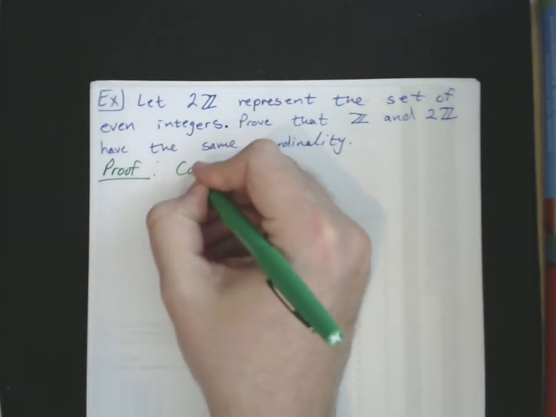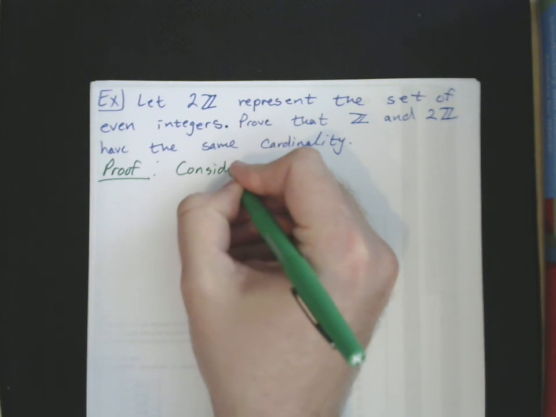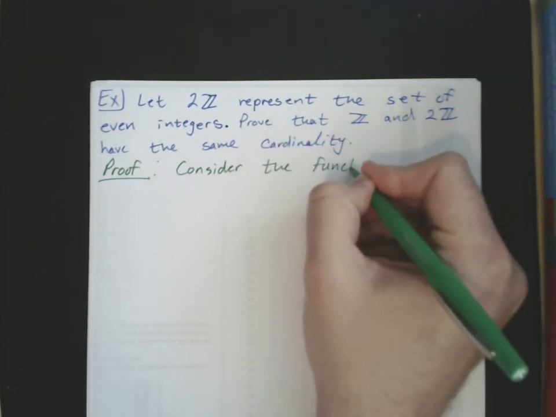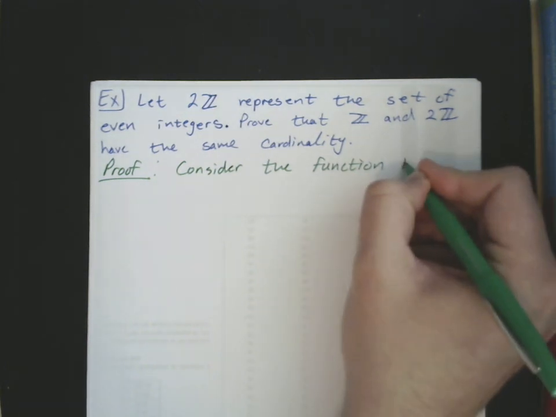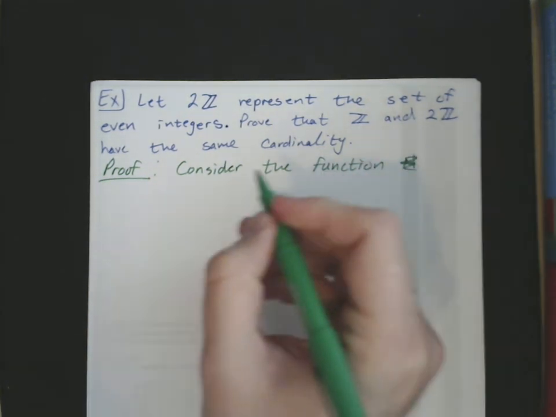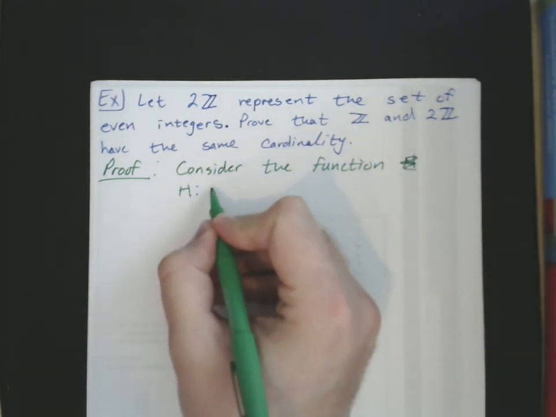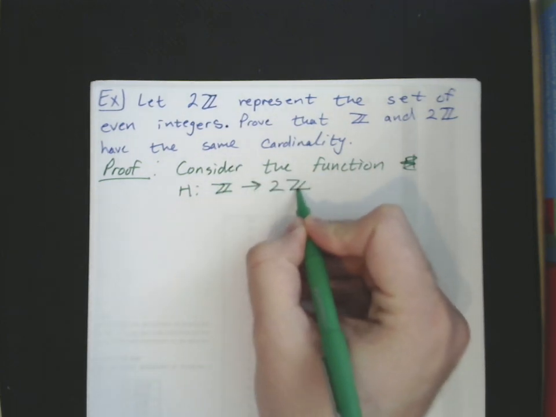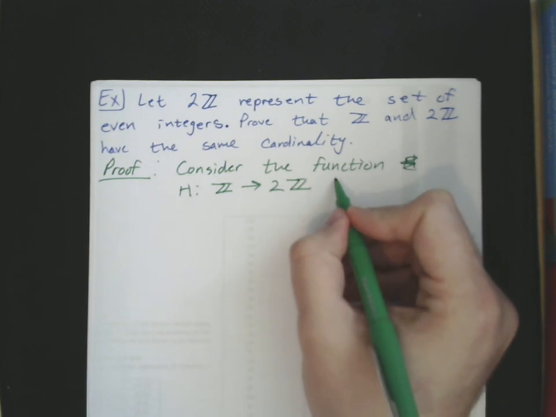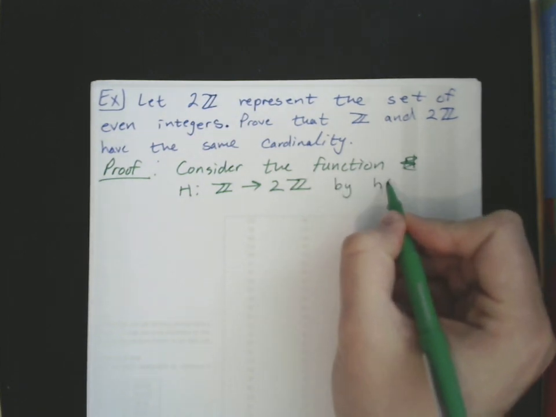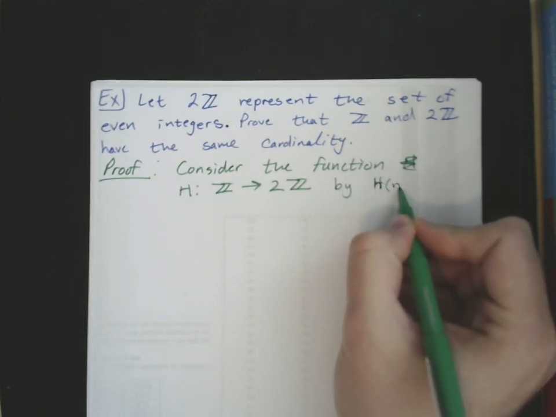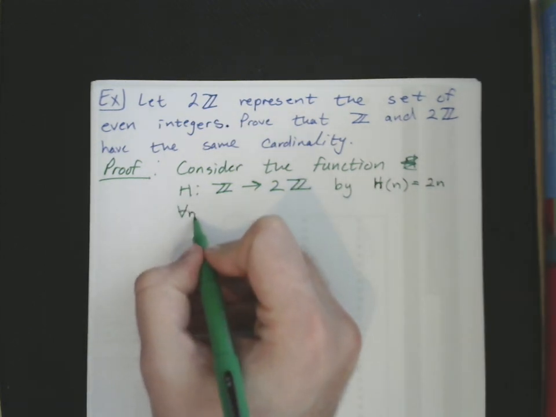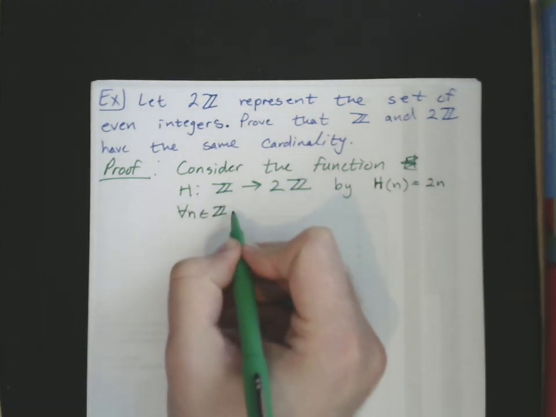So we are going to first consider the function h that maps Z into 2Z by h of n equals 2n for all n in Z.